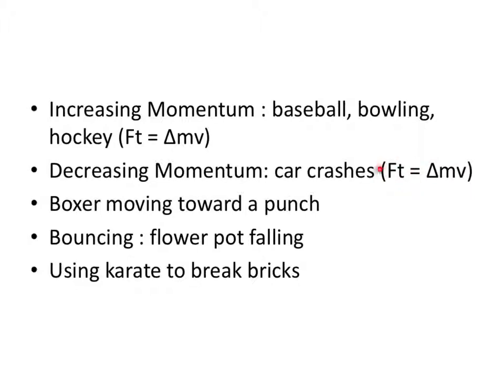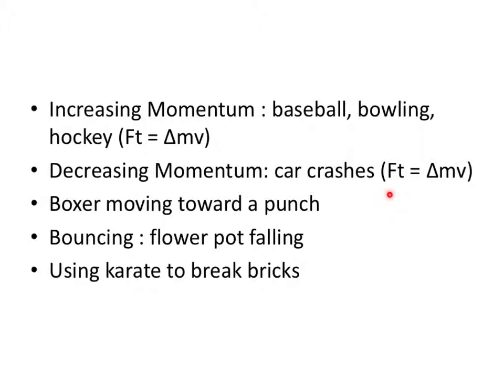So if you take the car and you drive it into a bale of hay, for example, then the time that the bale of hay is in contact with the car is relatively long. And so therefore the force on the car is not going to be that great. On the other hand, if you hit a tree, then the contact time is real short, and the force is going to be extremely large, which will likely cause a lot of damage to the car.